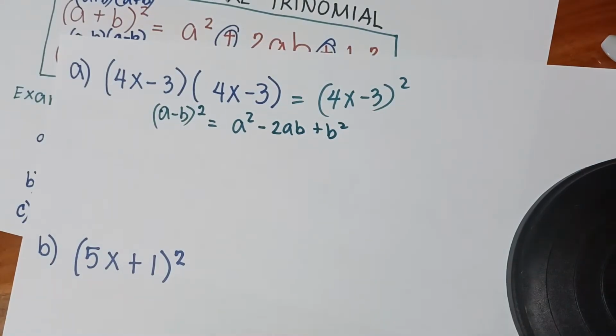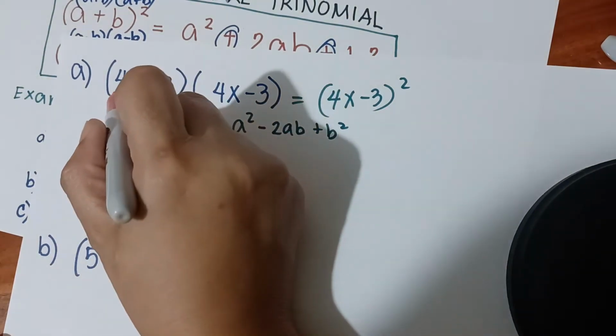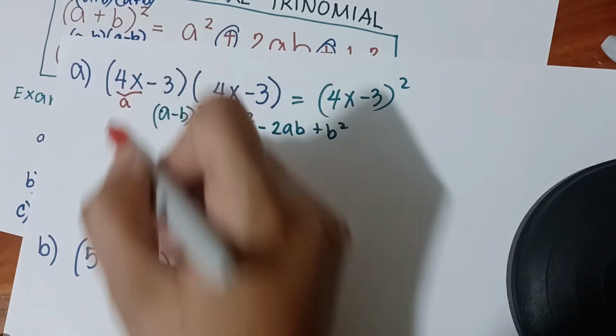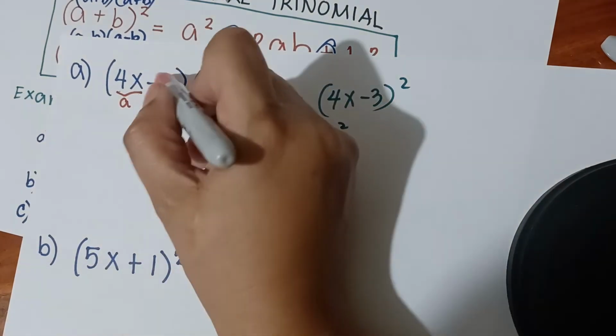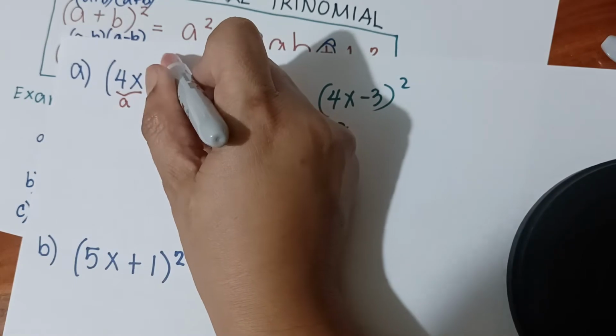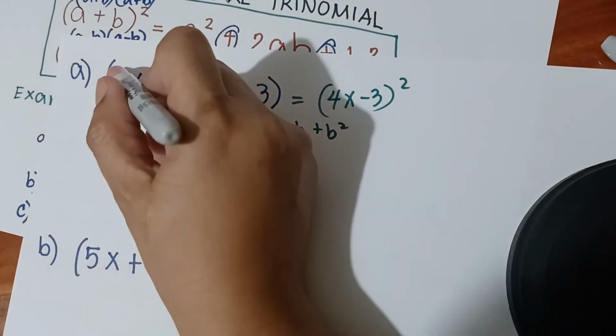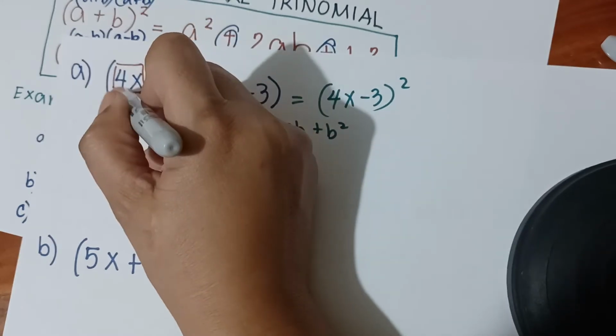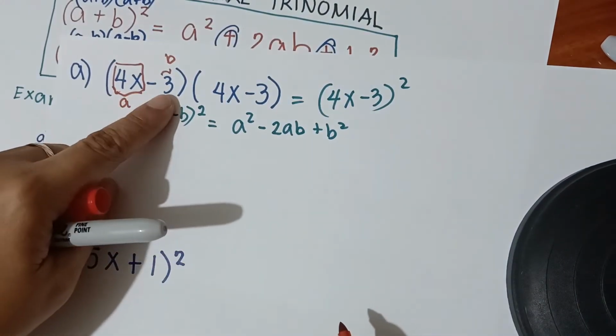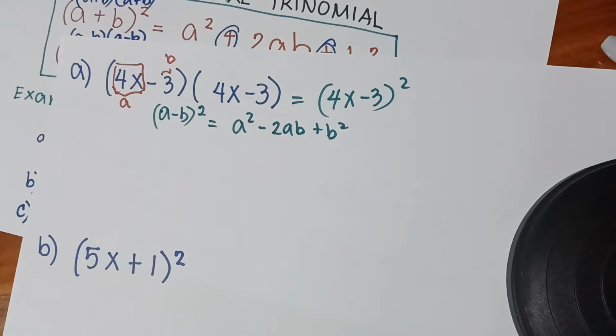Now, i-identify natin alin dyan yung a at alin dyan yung b. So, ang a natin is itong buong yan. This is considered the a. Okay? At ito is considered to be the b. Okay? So, itong buo na to, don't forget, itong buo na to is the a and itong 3 is the b. So, understand?